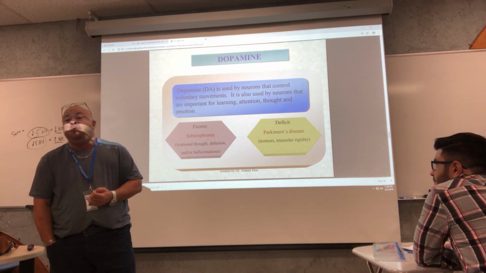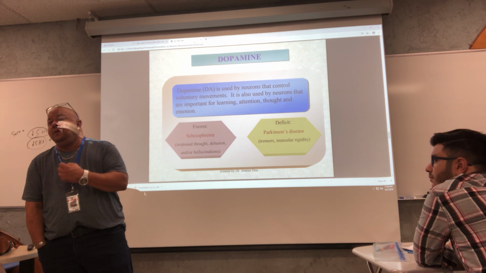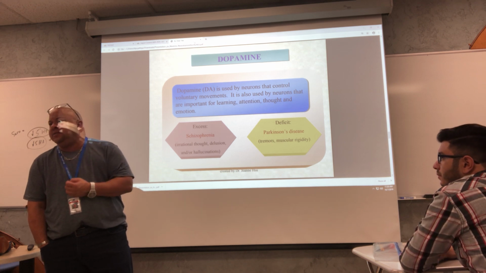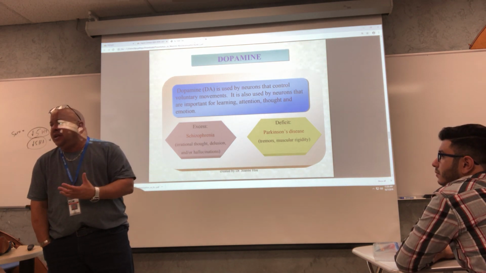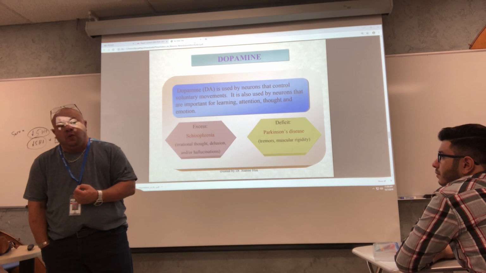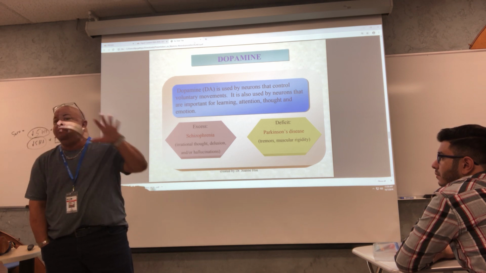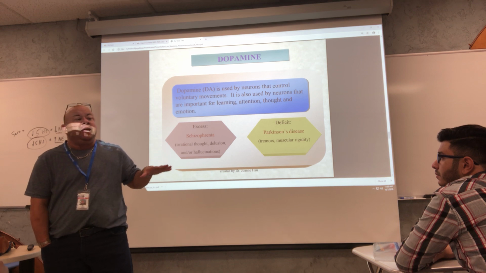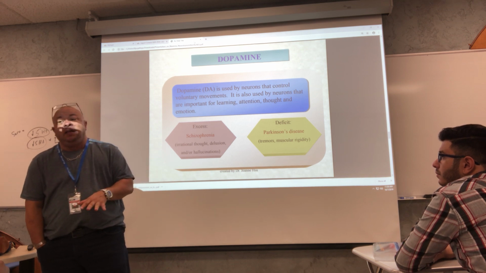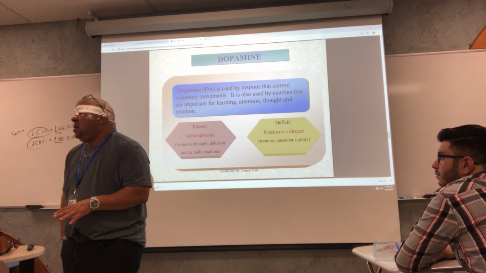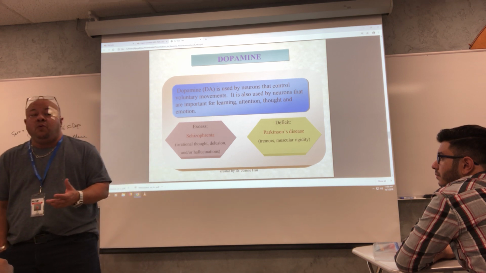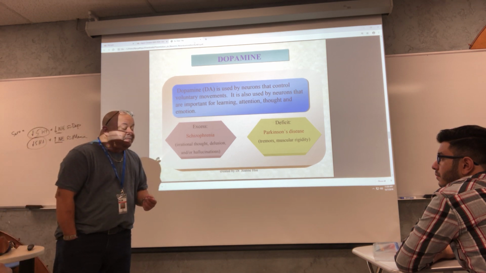In the movie, they portray his hallucinations as visual, just to make it easier for the movie watcher to understand. But in reality, his hallucinations were auditory, which is what's more common, okay?